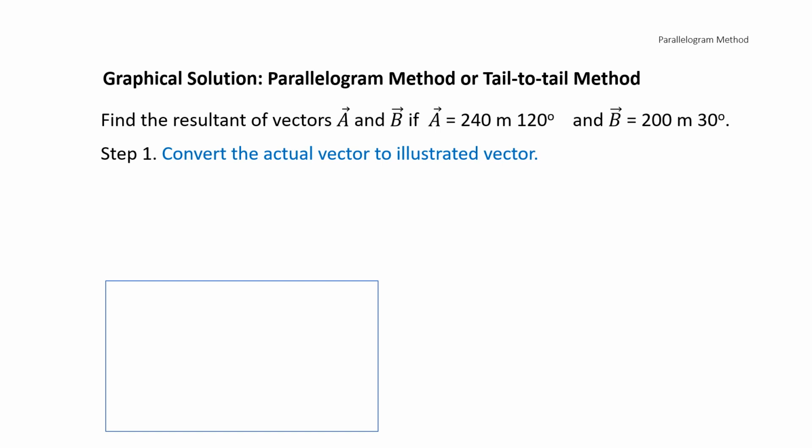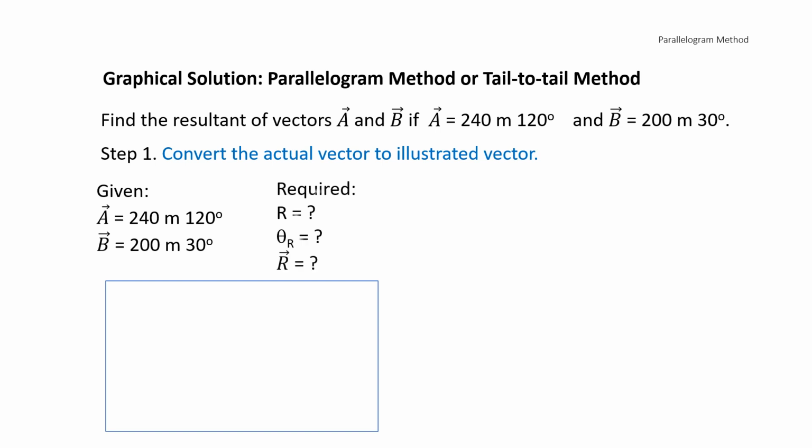The first step is to convert the actual vector to illustrated vector. So with the given vectors, A equals 240 meters, 120 degrees, and vector B is 200 meters, 30 degrees.